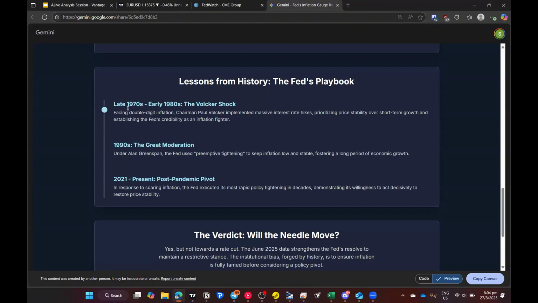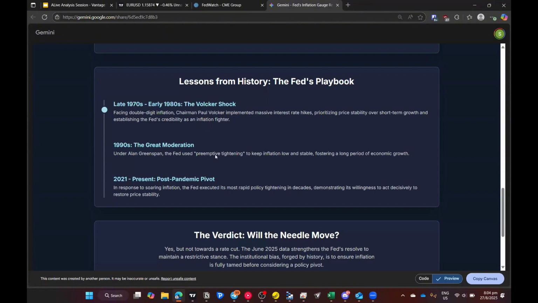So in the late 1970s, what they did was increase interest rate hikes to ensure price stability and fight the inflation, reduce the amount of credit being issued in the economy, and reduce the flow of money in the economy.